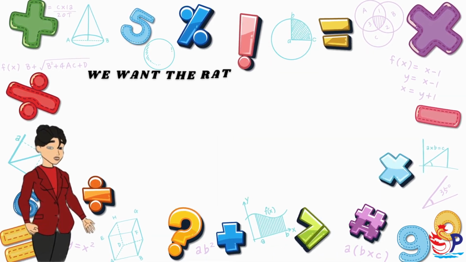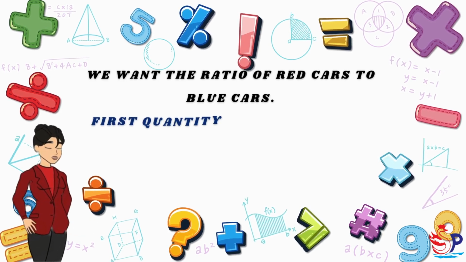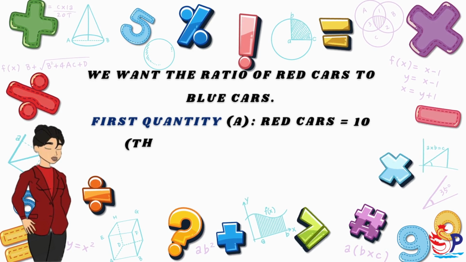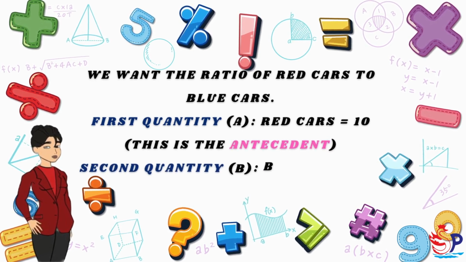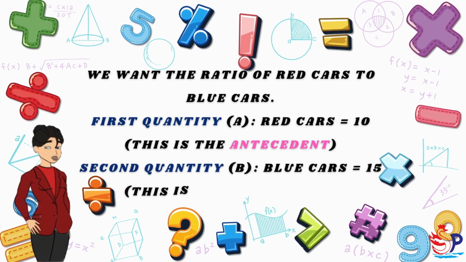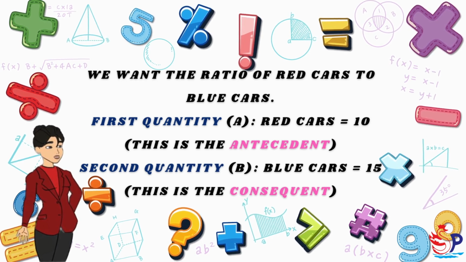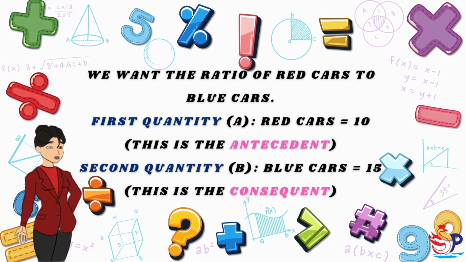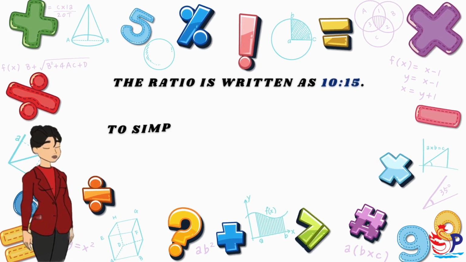We want the ratio of red cars to blue cars. First quantity, the red cars is equal to 10. This is the antecedent. Second quantity, the blue cars is equal to 15. This is the consequent. The ratio is written as 10 is to 15.